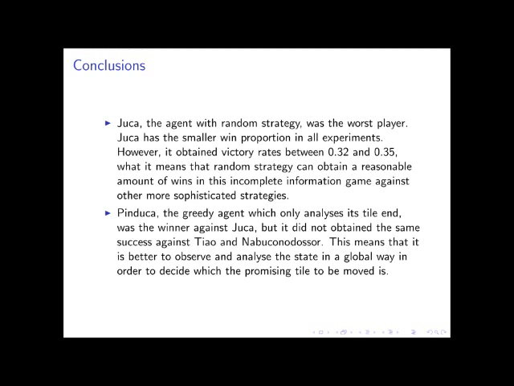Juca has the smallest win proportion in our experiment. However, it obtained victory rates between 0.32 and 0.35, which means that random strategy can obtain a reasonable amount of wins in this incomplete information game against other more sophisticated strategies.